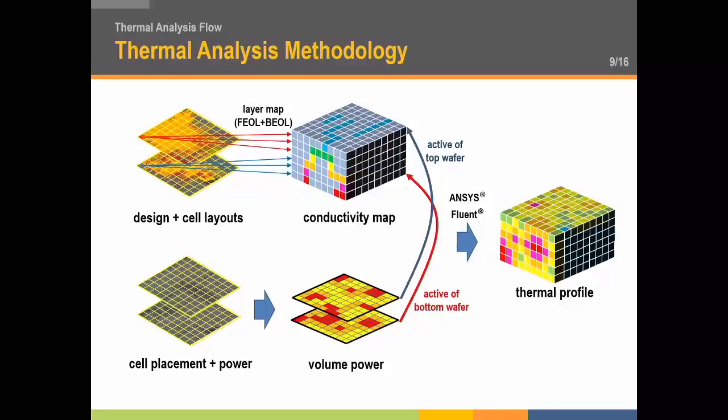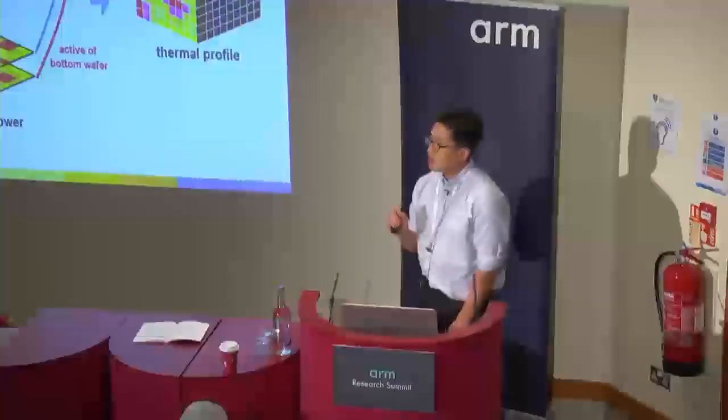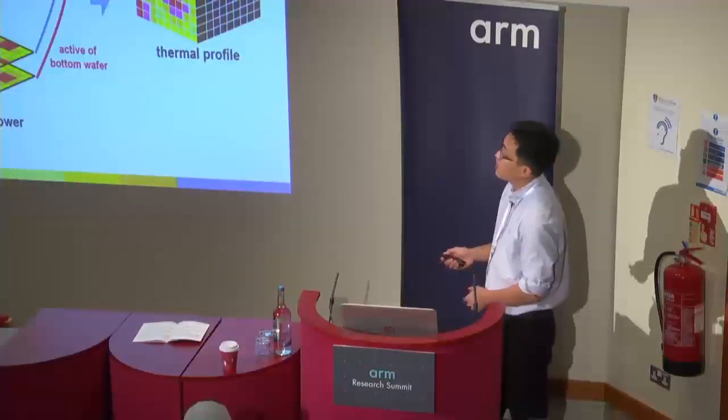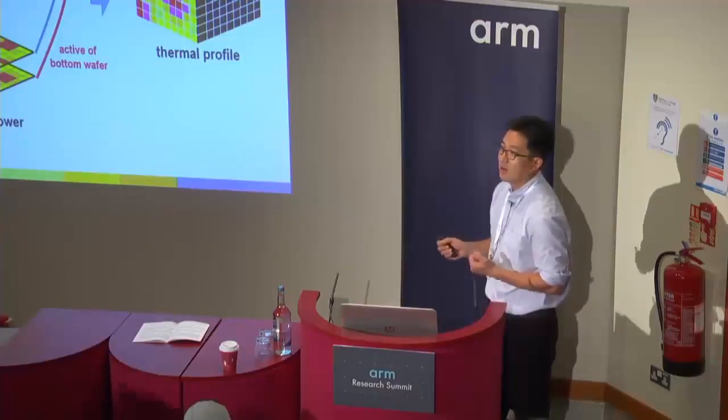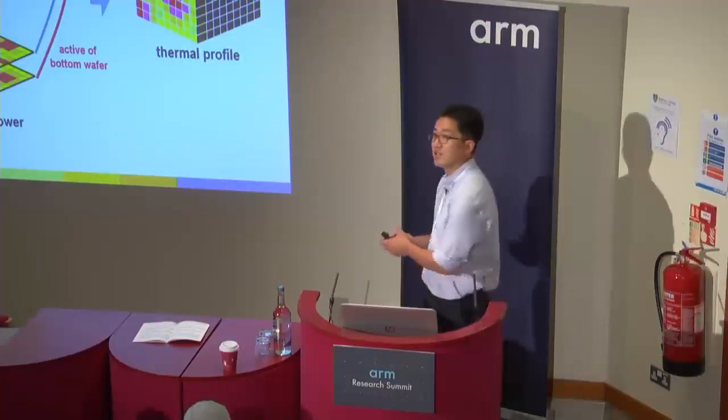With this volume power and conductivity map, we run the thermal analysis with ANSYS Fluent and get the thermal profile. Since this flow is extremely flexible, we can simulate almost all kinds of packaging with it.